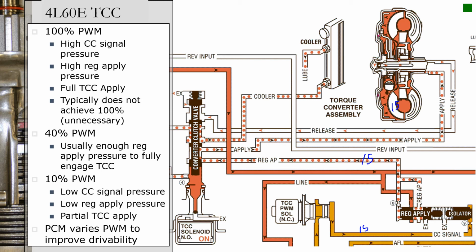So I bring it on at 15%, it engages, and then I can slowly start ramping it up and make it apply real smoothly, and that's what the computer does. The PCM is going to vary that pulse width modulation to improve drivability.